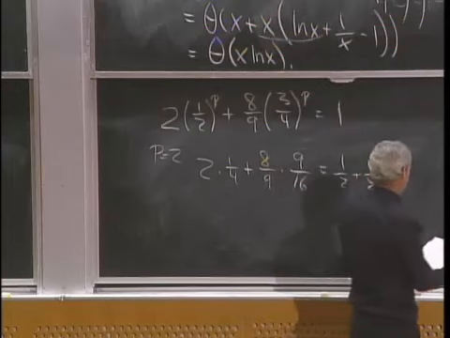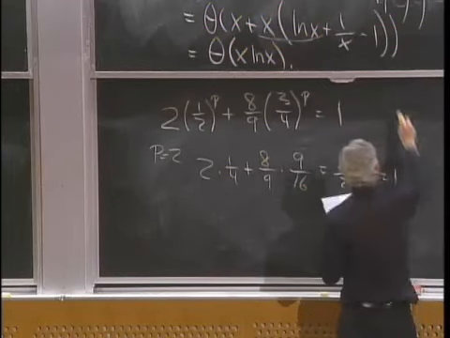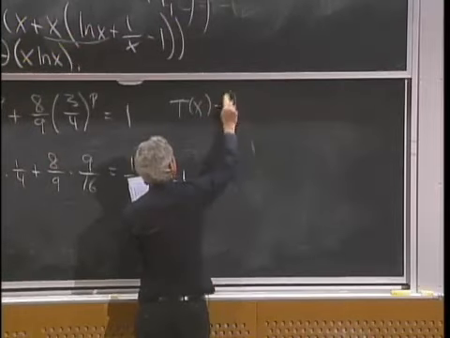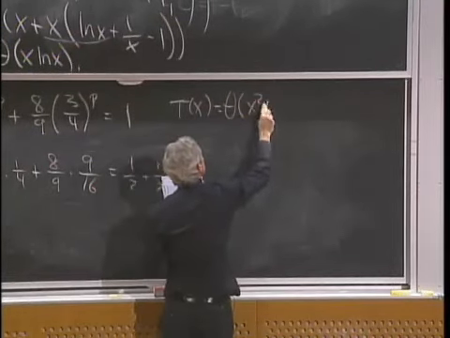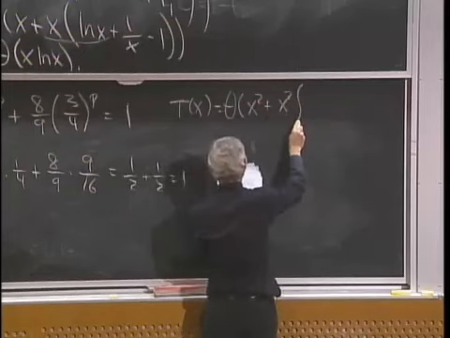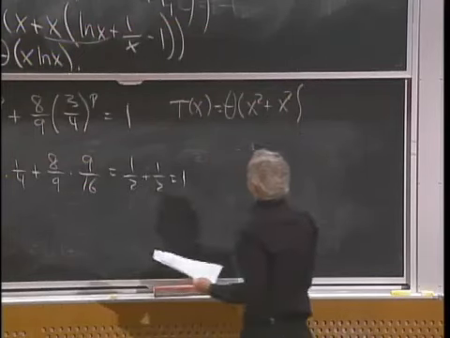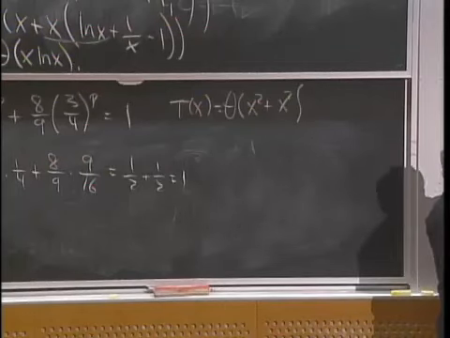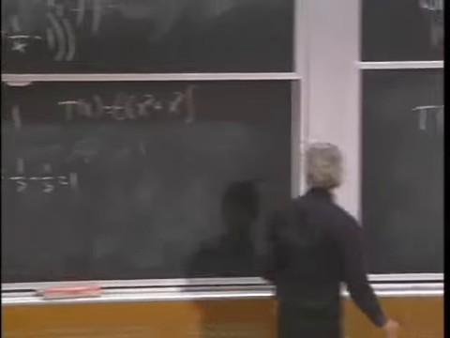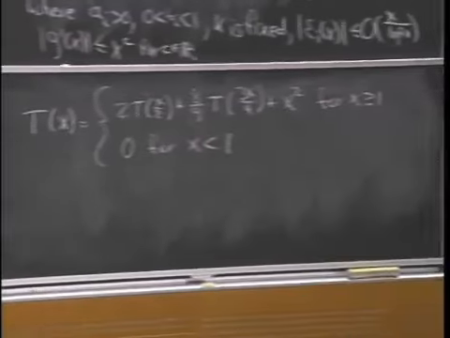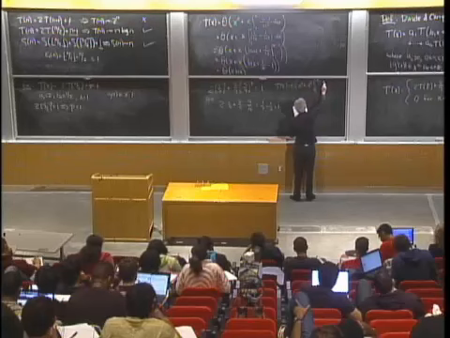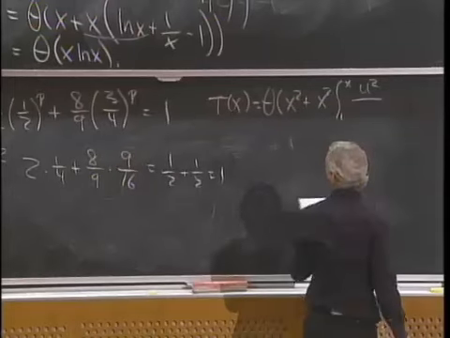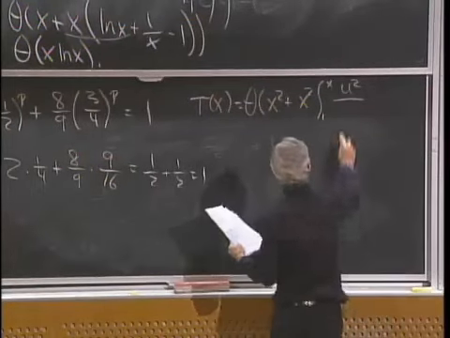All right, so let's do the integral. T of x is theta of x to the p plus x to the p times the integral. All right, what is g of x in this thing? x squared. So the integral is from 1 to x. G of u is u squared divided by u to the 1 plus p.